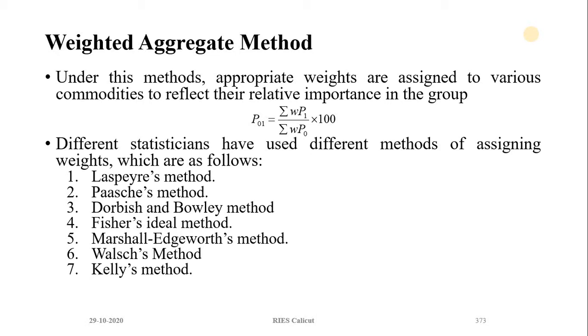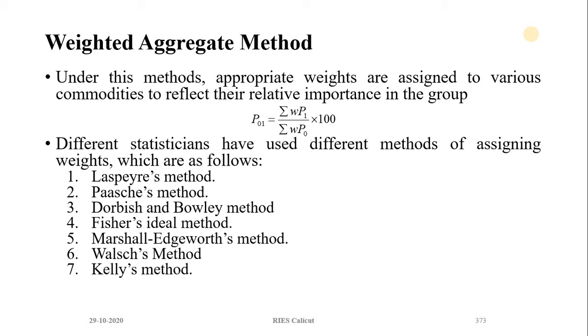Okay, but the problem here: what will be the weight? The weight can be quantity or the weight can be value. But suppose you are taking the quantity as the weight, which quantity will you take as a weight?